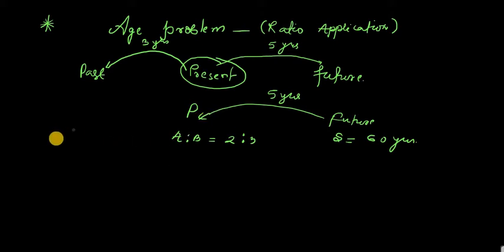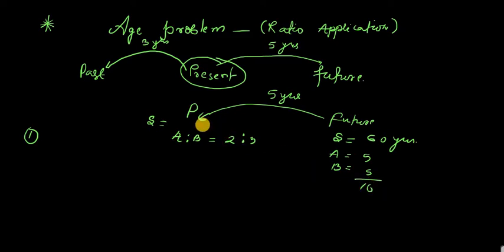The first point: the ratio is of the present, so the sum should be the present sum. The sum after 5 years is 60. A gains 5 years and B gains 5 years, a total of 10 years.